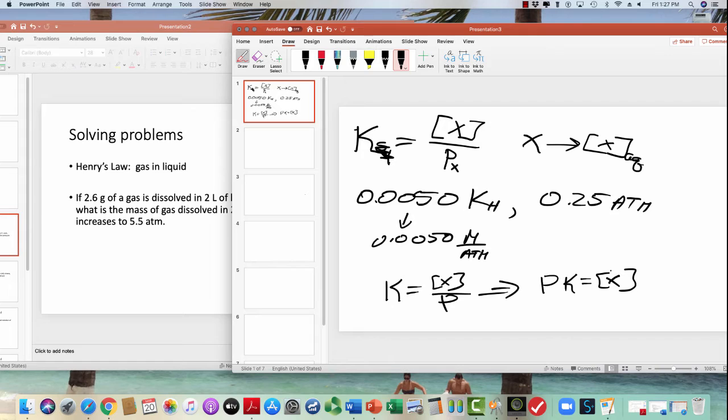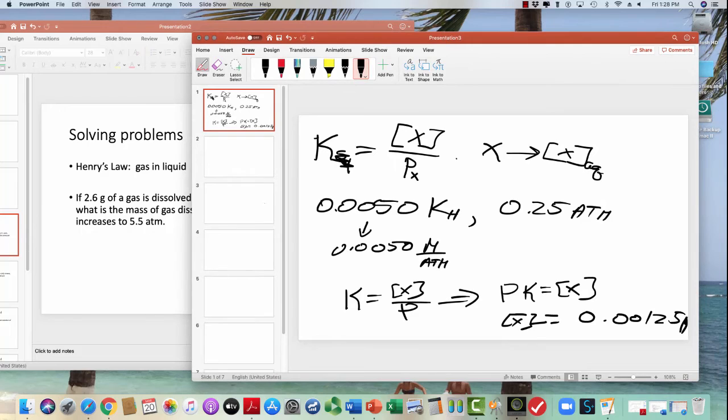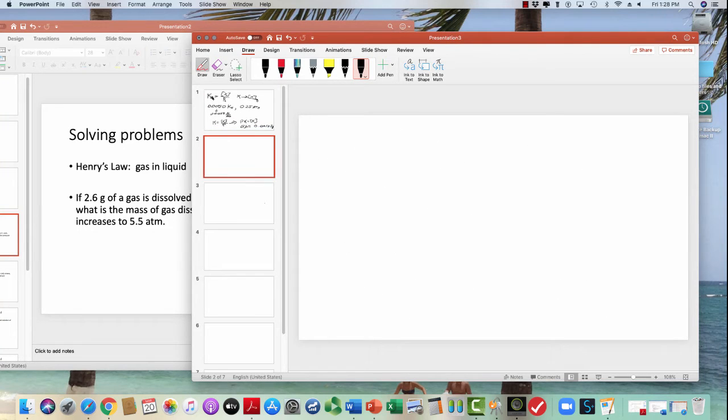So 0.005 times 0.25, and you're going to get the concentration of X equal to 0.00125, and that's going to be molarity. You notice I'm running out of space. Let me move that over, and there we go. That's how you solve these problems.